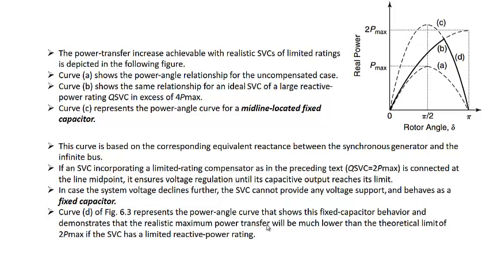When that is the case, the voltage and distance curve will be below the surge impedance, or we can say flat voltage profile curve. When that is the case, that means this TCR, or we can say SVC, has to work in the capacitive mode. When voltage goes on decreasing, the capacitive current drawn by the SVC has to increase. So when it goes further and reaches the limit, after that, it will act as a fixed capacitor.